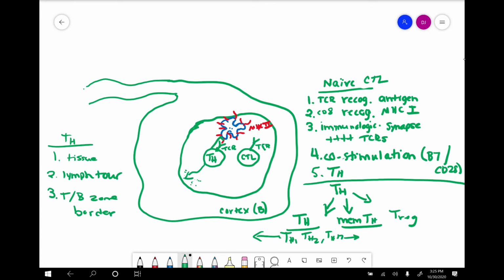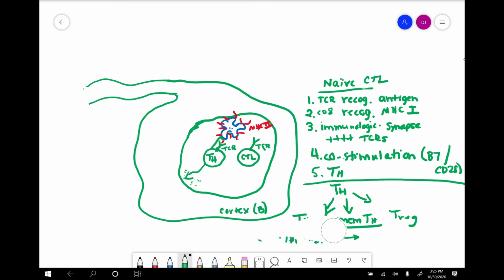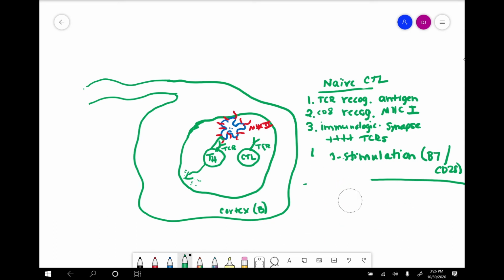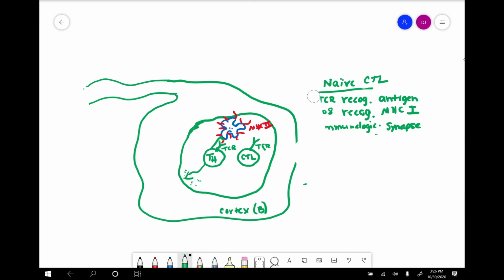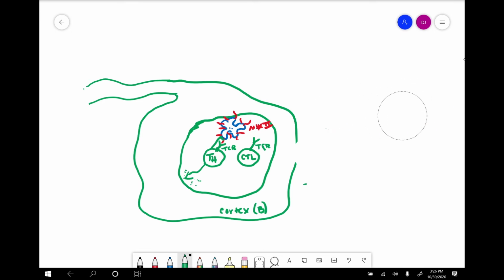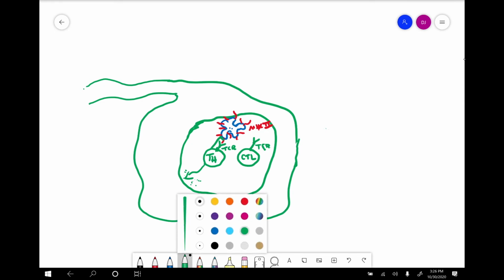The other type of cell that we need to get activated as part of the adaptive immune system is going to be our B cells. So forgive me while I erase some of this stuff, but I need to make room for our notes on B cells. So B cells, of course, are lymphocytes. I'm going to change colors slightly to clarify this a little bit for you.